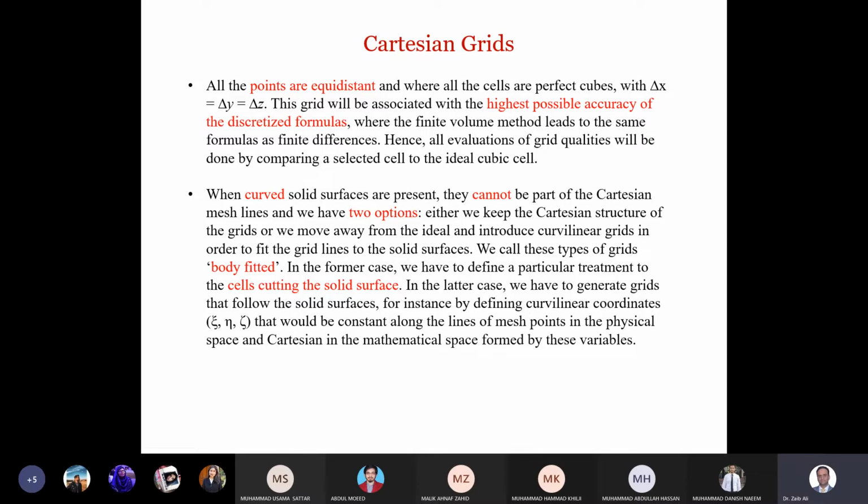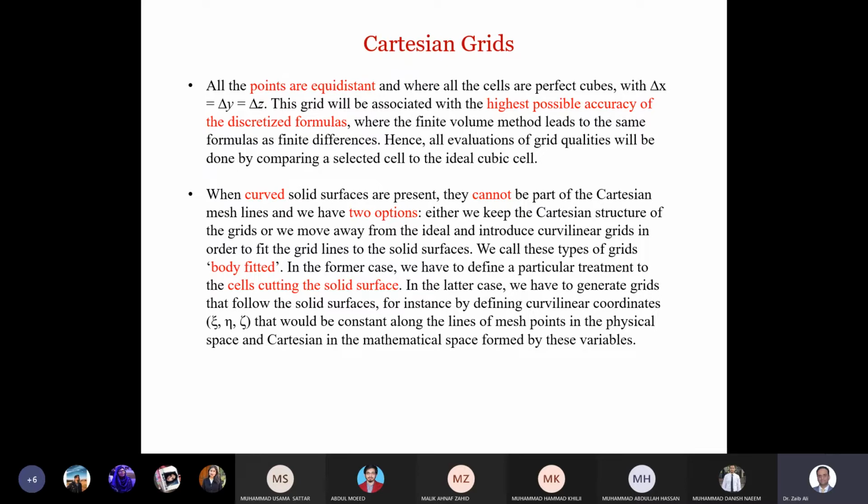Okay, but what is the limitation over here? They can only be applied to those geometries which are aligned with the Cartesian axes, for example, 2D or 3D simple channel flow, which have a rectangular domain. There you can see you can apply it.